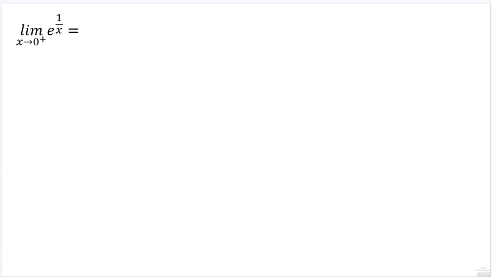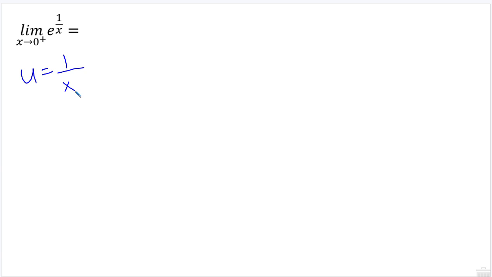We're looking at a limit as x approaches 0 from the right. Now this is a little different. We're not actually looking at an infinity one here, but it's going to be in a second. For e to the 1 over x, let's just do the same idea with the u sub. Let's let u equal 1 over x.